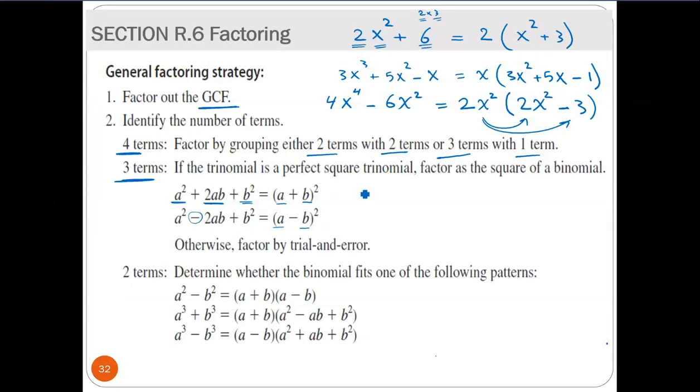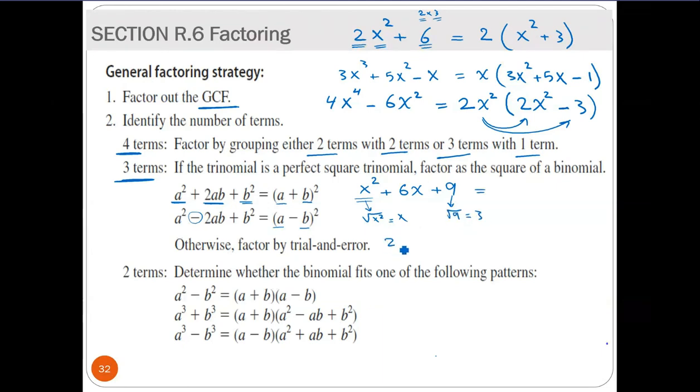If we have x squared plus, let's say, 6x plus 9, look at this: the radical of x squared equals what? Equals x. The radical of 9 equals what? 3.